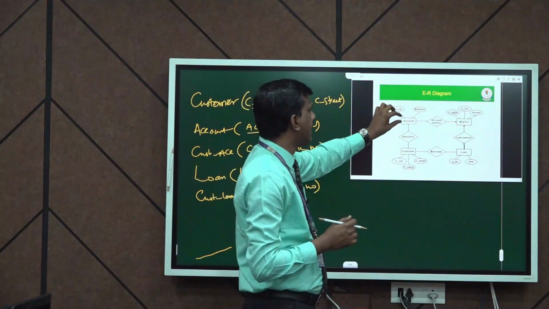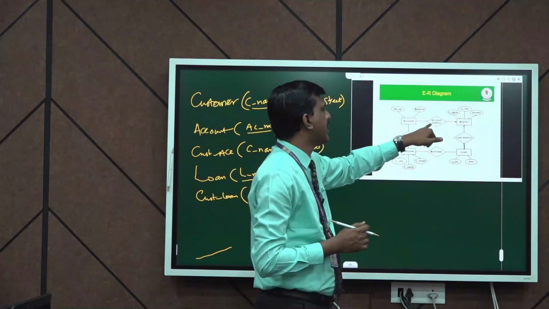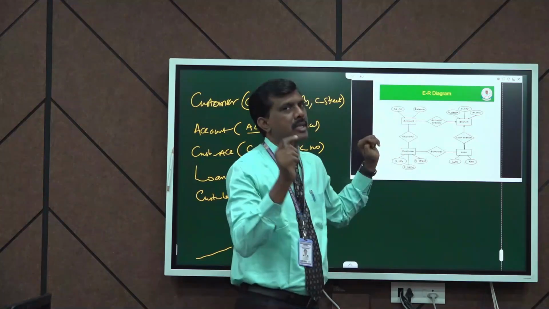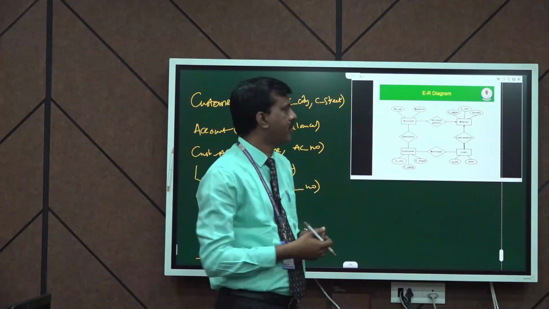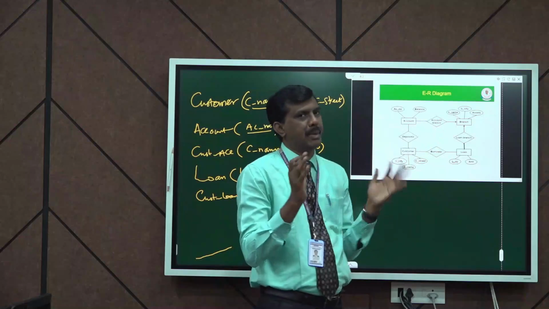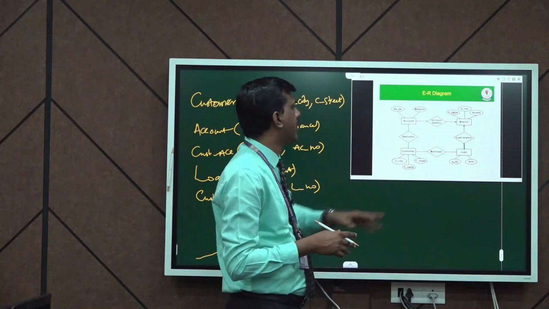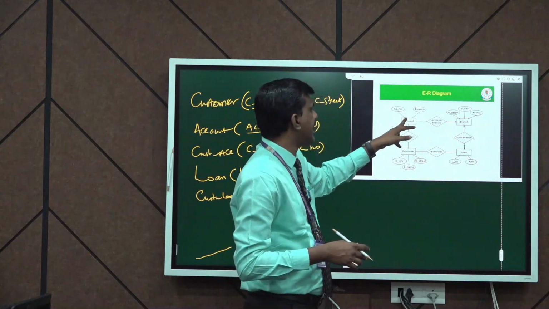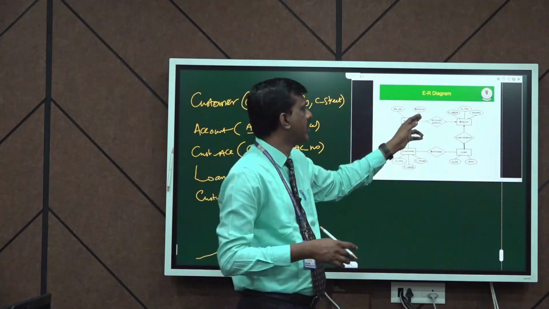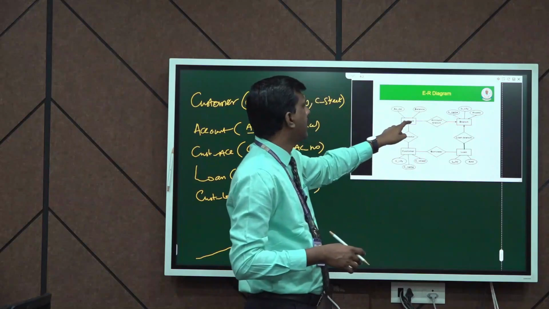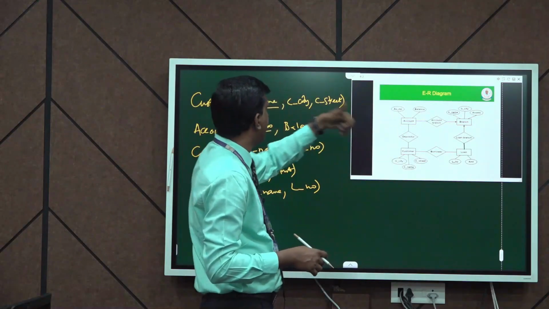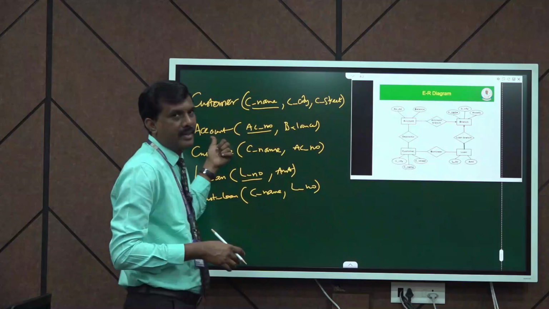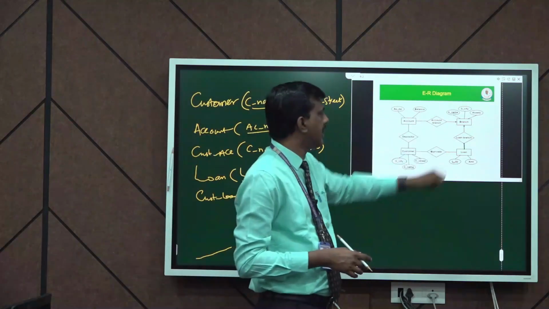Next we take the account and branch relationship. This account branch is a many to one model. Many accounts may be in one branch, so one branch consists of many accounts. The account was already converted earlier, so we only consider the branch right now.